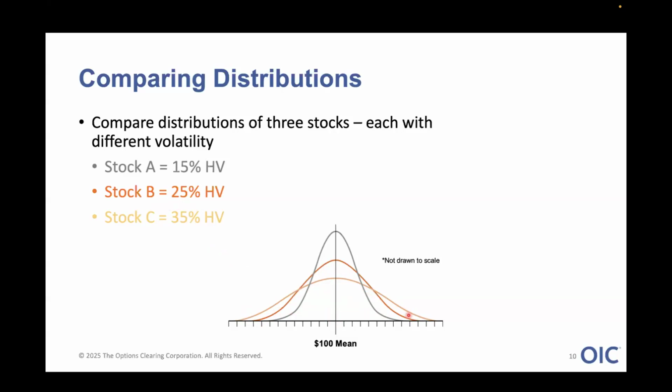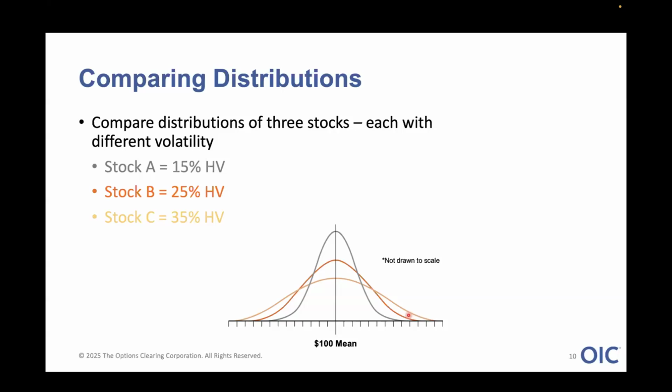So if I were to ask you, which stock do you think would have the more expensive options, stock A, B, or C? Well, naturally, if stock C is more volatile, historically, you might assume that the options on stock C are more expensive than the options on stock A or B. And more often than not, that would be the case.